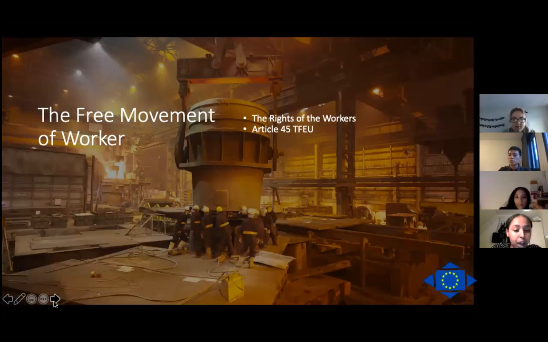So Article 45 has a direct effect. A direct effect allows individuals to immediately invoke European legislation before courts, regardless of whether a national law text exists. Article 45 also has a horizontal effect, meaning that a worker of a member state of the European Union can rely on Article 45 not only against national governmental authorities, but also against the employer. Moving on.